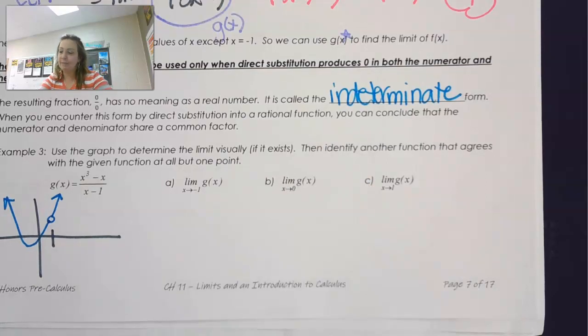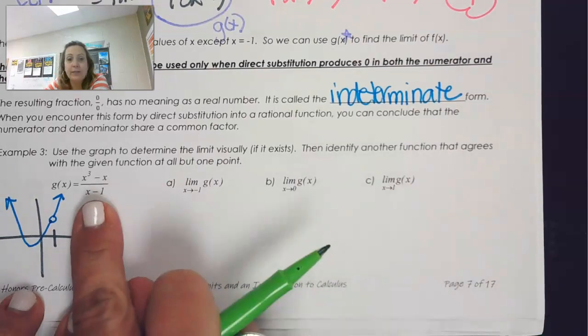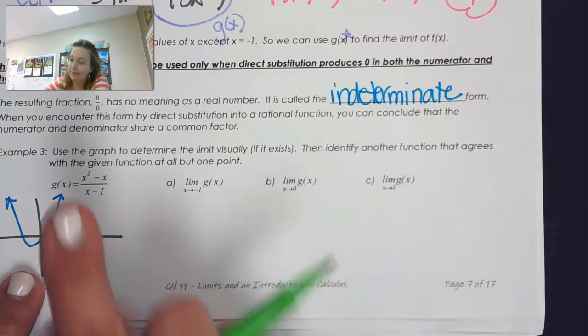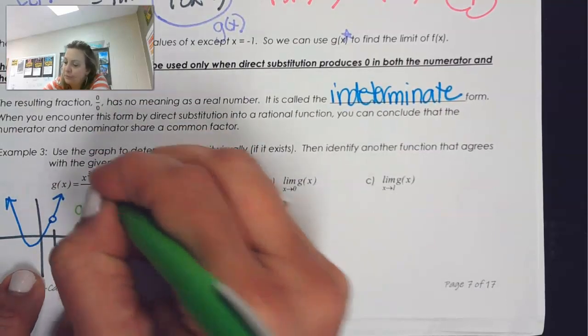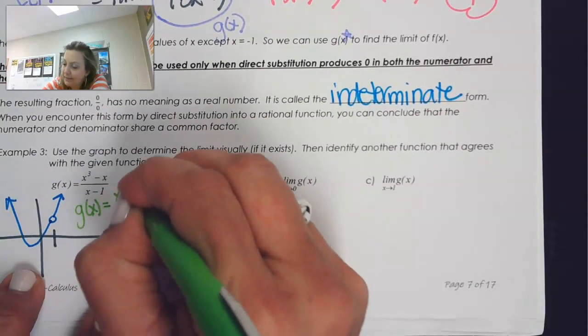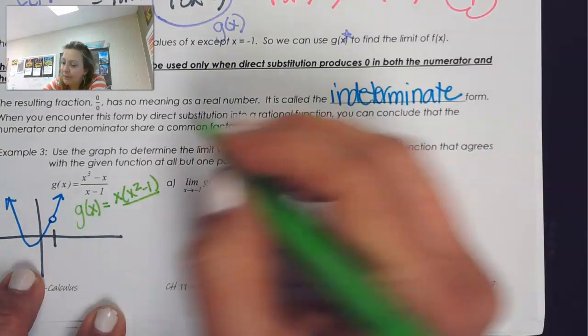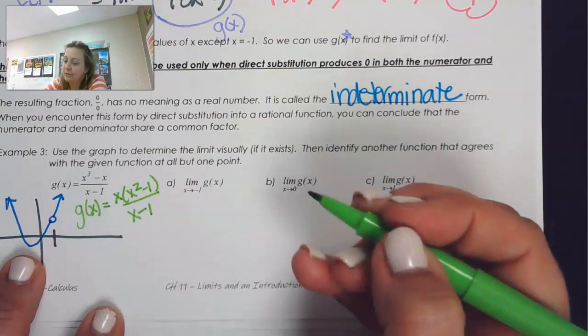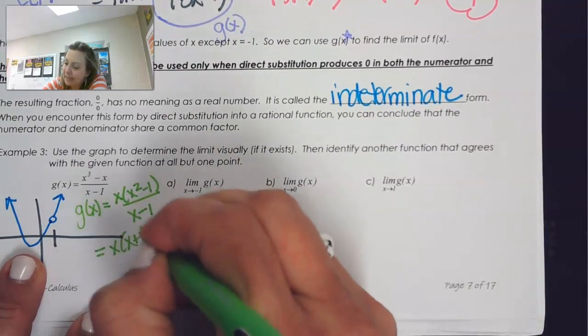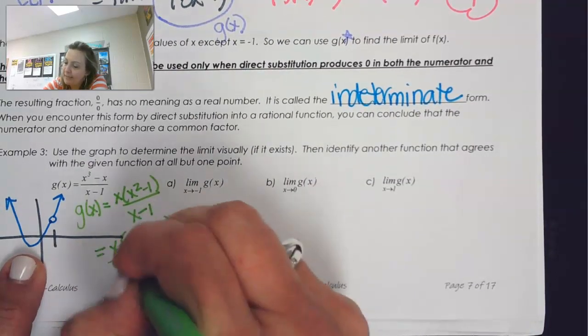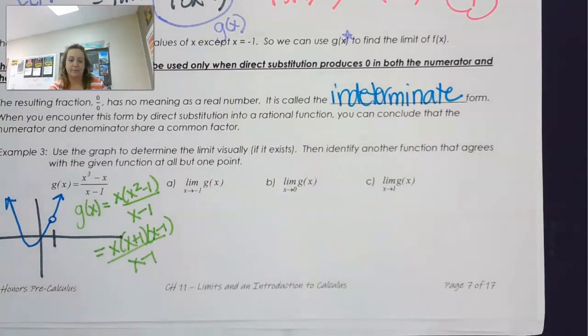But just like we did in the dividing out technique above, let's identify another function that agrees with the given function at all but one point. To do that, we can factor. If I factor the numerator, I can factor out an x. I end up with x times x squared minus 1 over x minus 1. If I factor this further, I have x times x plus 1 times x minus 1 over x minus 1.